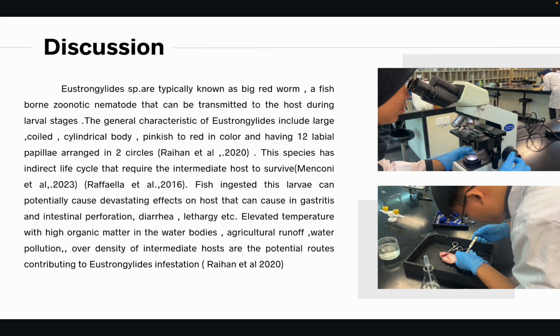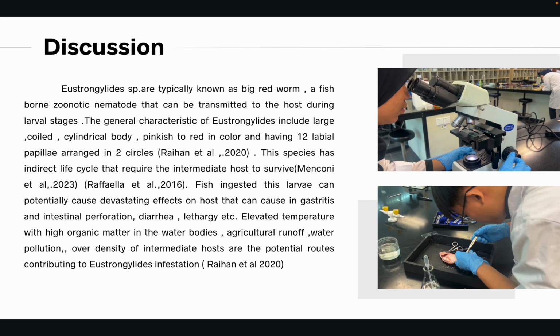Eustrongylides species are typically known as big red worms, a fish-borne zoonotic nematode that can be transmitted to the host during the larval stage. The general characteristics include a large, coiled, cylindrical body, pinkish to red in color, and having 12 labial papillae arranged in 2 circles. This species has an indirect life cycle that requires an intermediate host to survive.